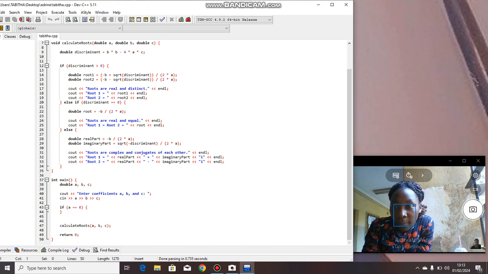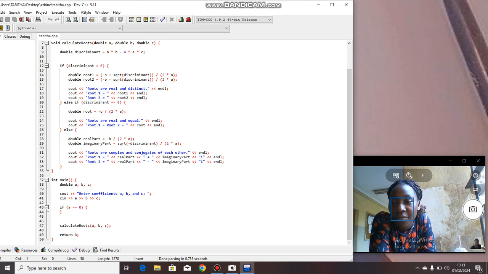Finally, when running this program, you must include int main, so that you're able to run and complete without errors. Remember our coefficients, the characters. After this, we shall compile and then run the program to see whether it really gives us the real and distinct roots.